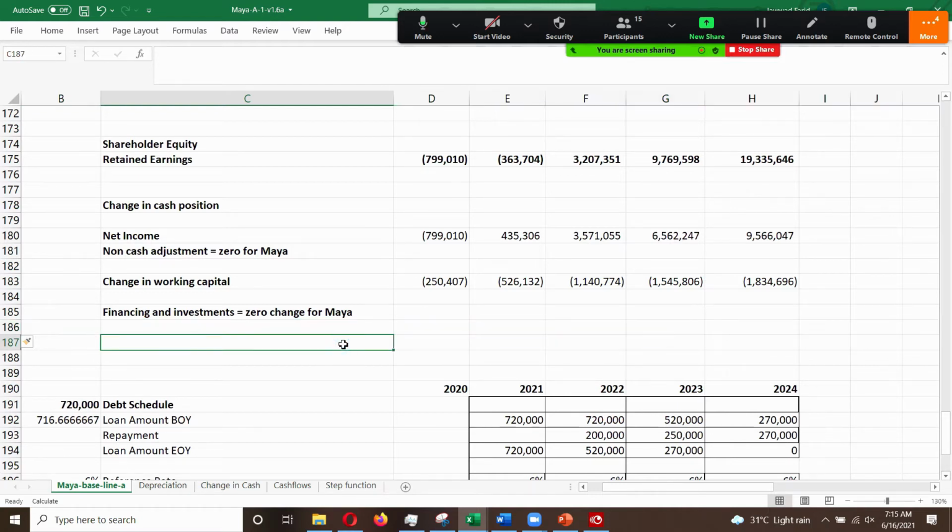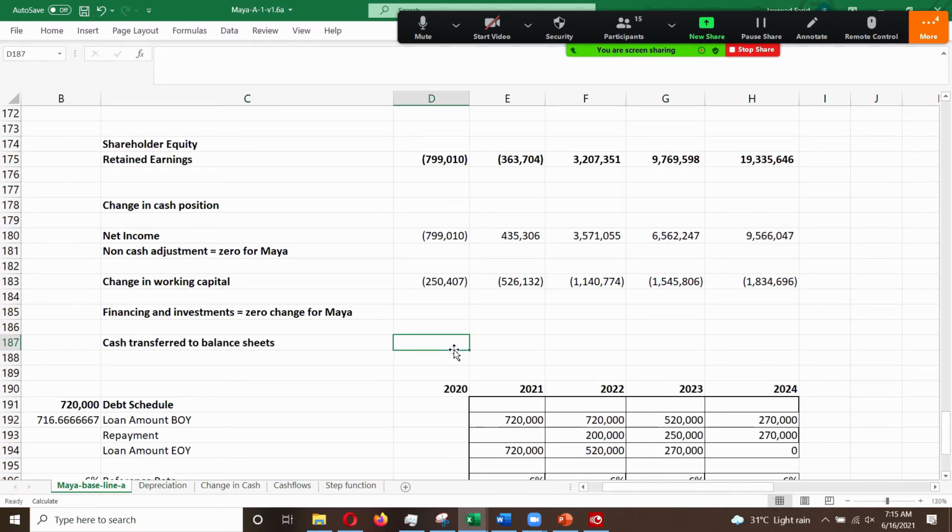And then your cash transferred to next year, or cash transferred to balance sheet, actually cash transferred to balance sheet, is going to be this number plus this figure.